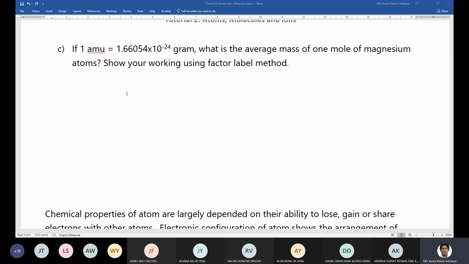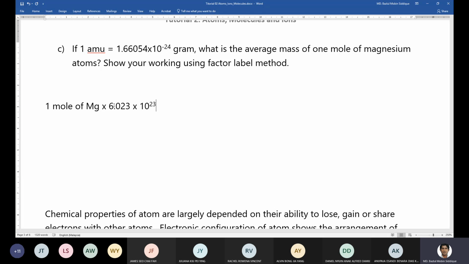We are looking for 1 mole of magnesium, and 1 mole of magnesium has 6.022 times 10 to the 23 atoms of magnesium.